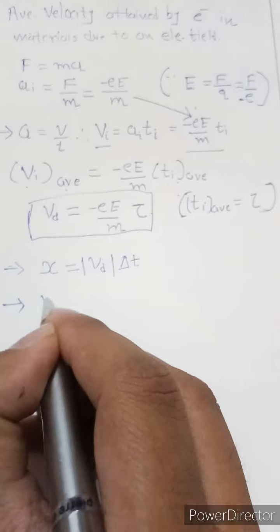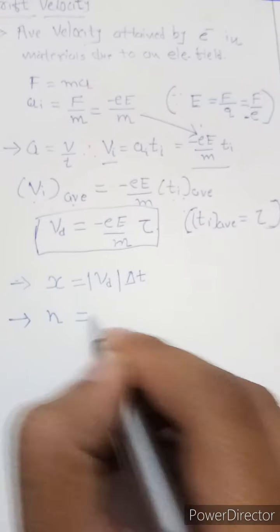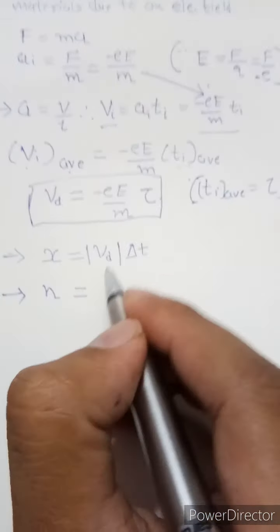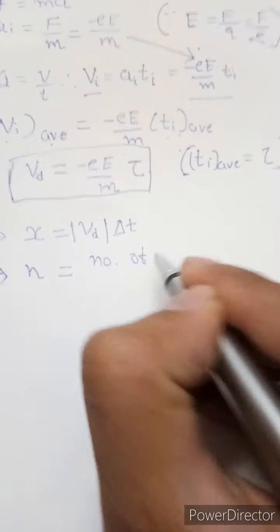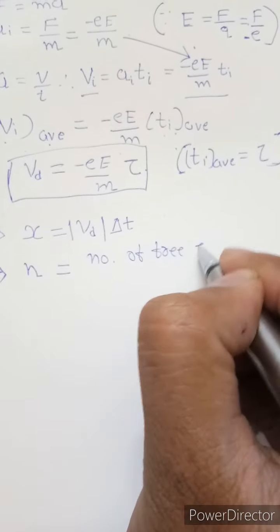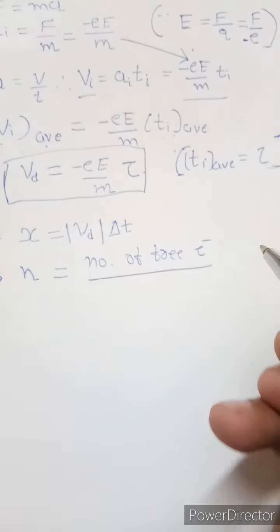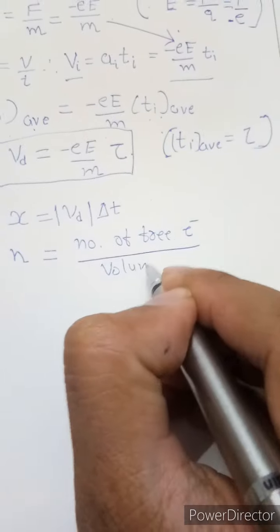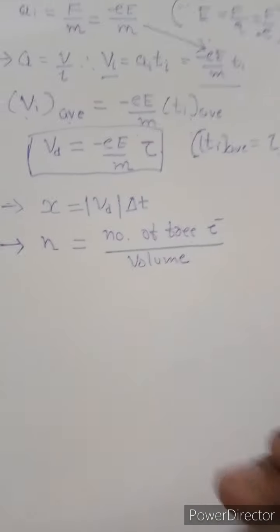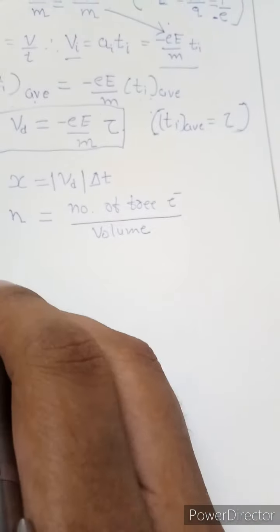Let n be the number of free electrons per unit volume. From this, what is the number of free electrons?